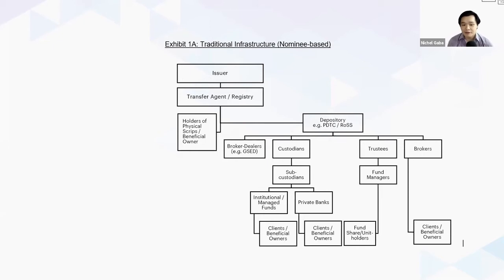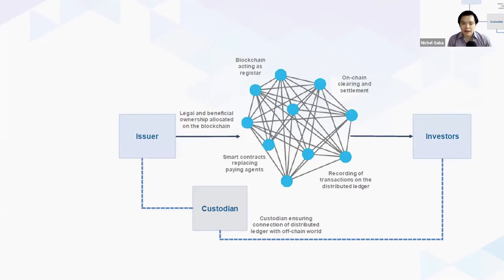Our market penetration is still in the low 1 or 2%. Now, later I'll discuss a bit about how security tokens or digital assets can change this. But this is what a digital asset infrastructure looks like.